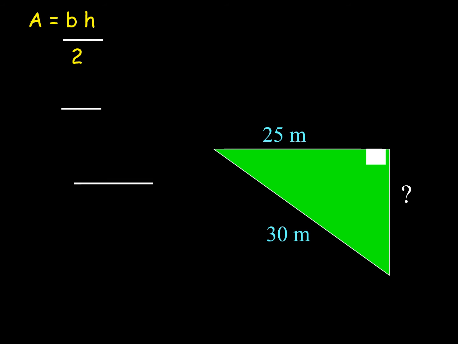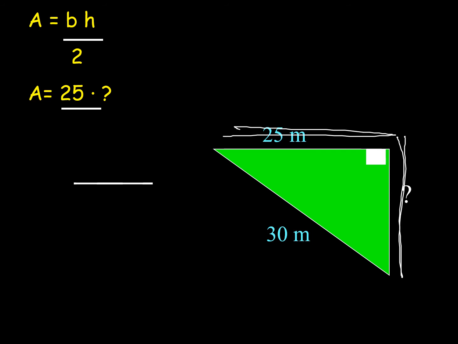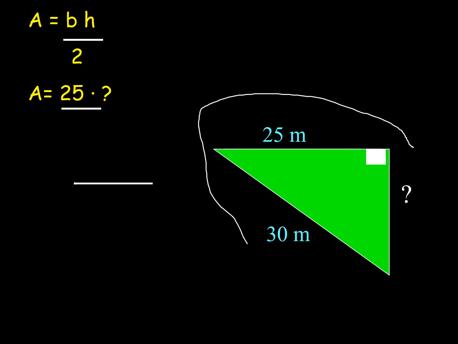Base times height divided by 2. We got a base, but do we have a height? No, we got something here, but nothing over here meeting at a right angle. How are we going to find that other side? We have to have it. There's no way around it. But what do we see here? A right triangle where two sides are given, and you're looking for the third side.